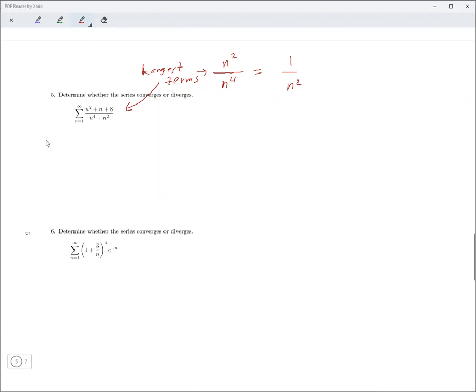Okay, so what we're going to do is limit comparison. We'll let the a sub n's be these, and b sub n be this. So the limit as n goes to infinity of a sub n over b sub n, and you're looking for that to be a finite number.